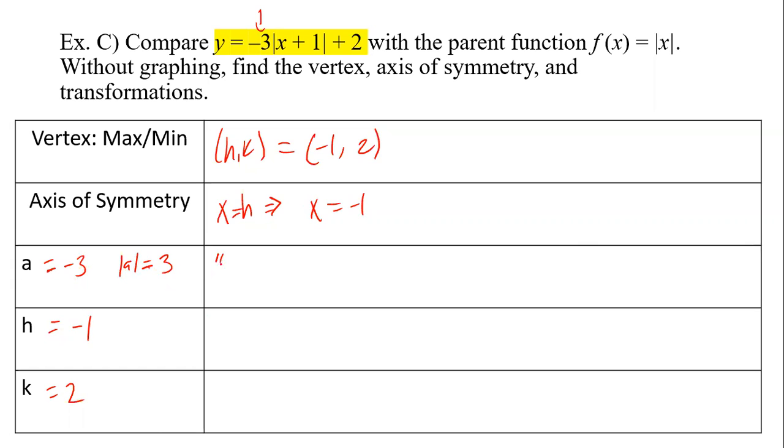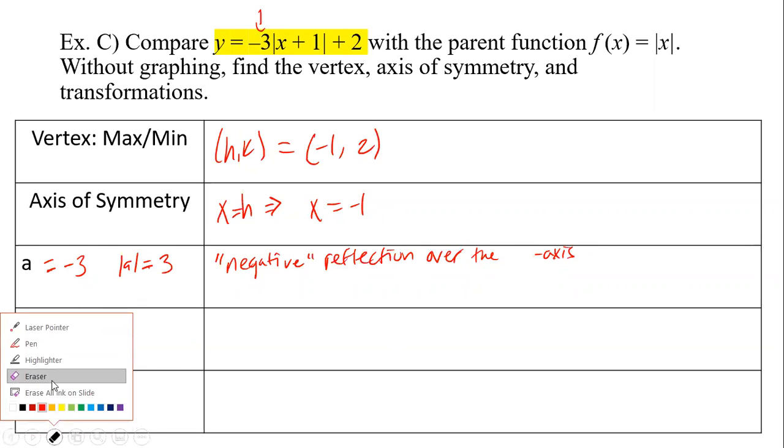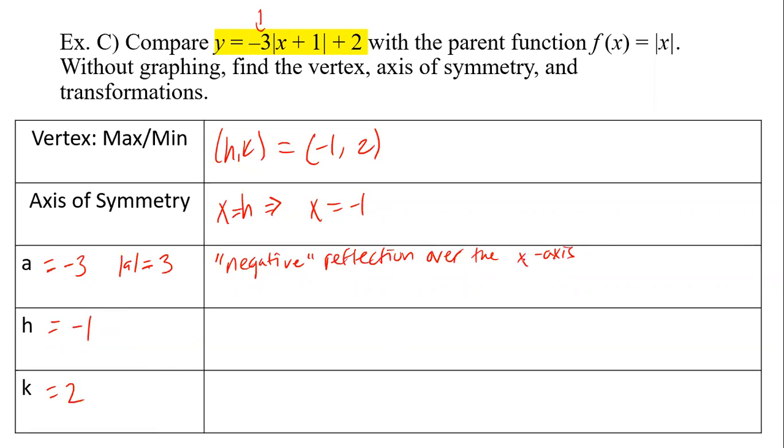So because there is a negative, that lets us know that we have a reflection over the x-axis.